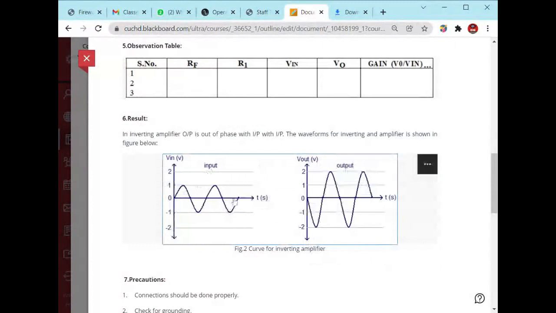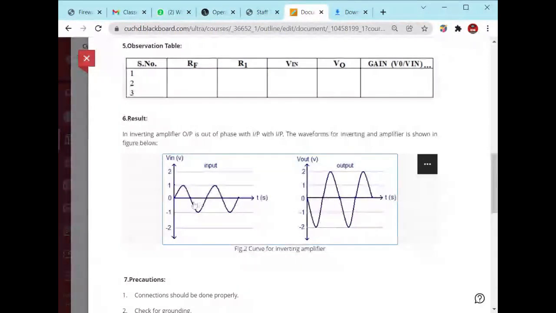You can see this graph shown right here. This is the input. Its amplitude is 1 volt right here, and the complete waveform is present here. But in the output, you will see that when the input shows 1 at the first position, the output shows 0 at the first position.